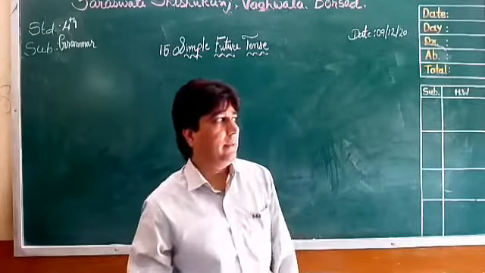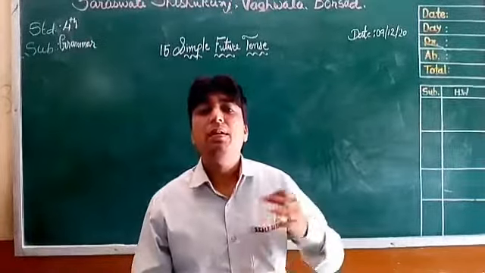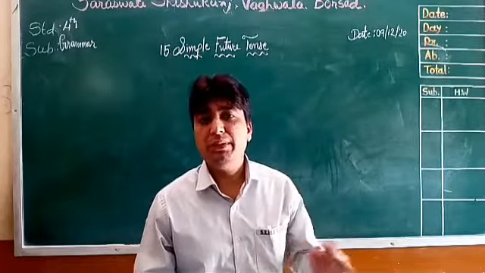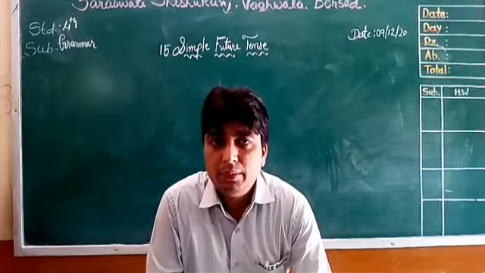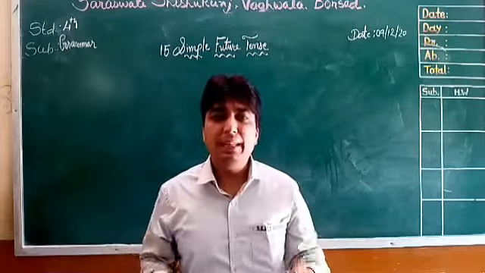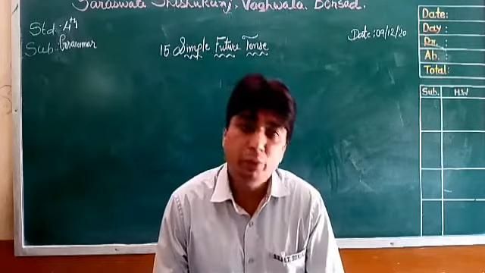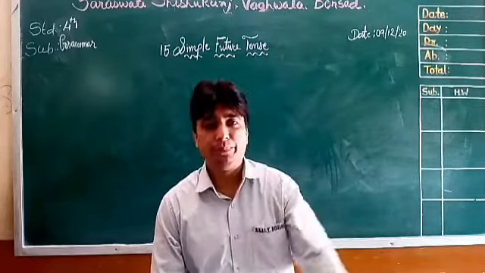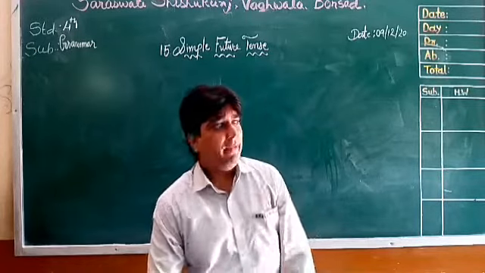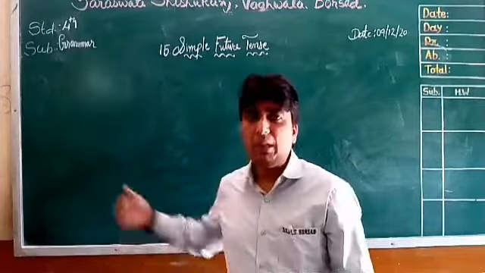Because tenses tell us about the timing, when does the action take place. Is it in the past, is it in the present, or is it in the future? We have already learnt about two tenses, and the third one is going on.